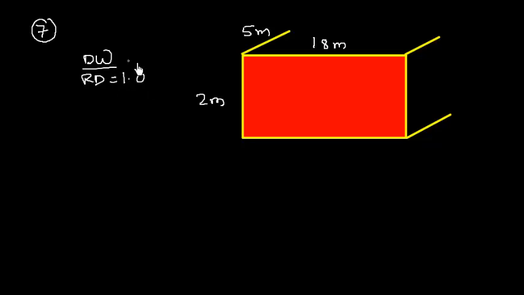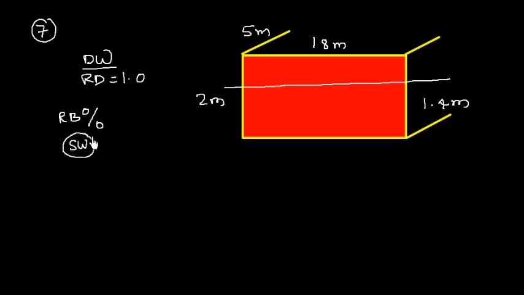At a draft of 1.4 meter, well, the draft is 1.4 meter. Calculate her percentage reserve buoyancy. We need to find how much is the reserve buoyancy in percentage when floating in salt water.